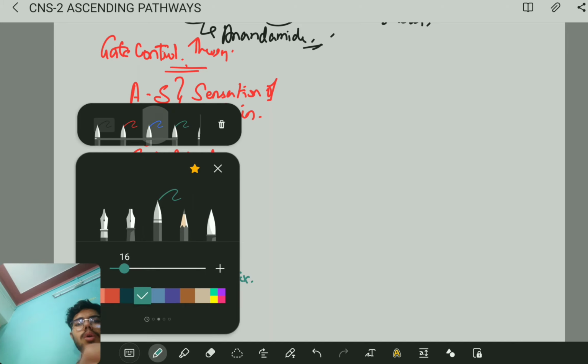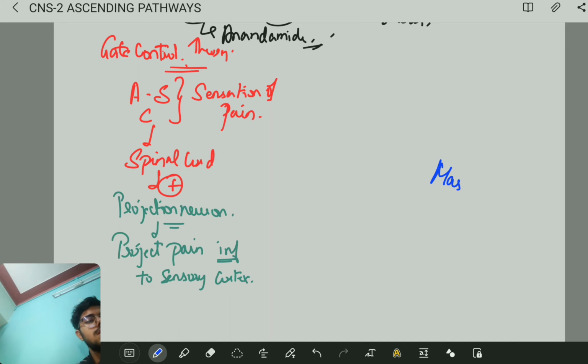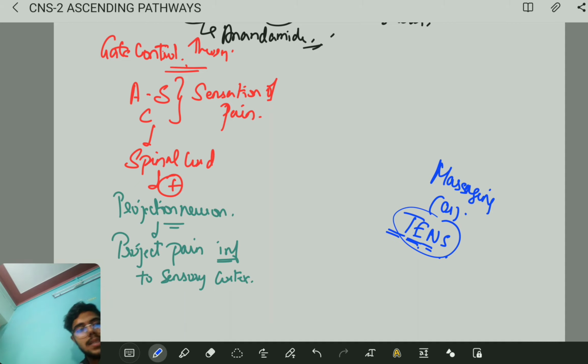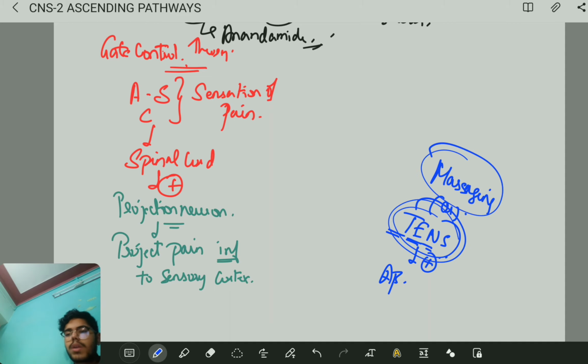Now when you are going for a massage, a good massage center, or there is something called TENS. What is this TENS? Transcutaneous electrical nerve stimulation. This TENS is going to stimulate your A beta fibers. We discussed, no problem. So when you are going for massaging or TENS, what really happens?